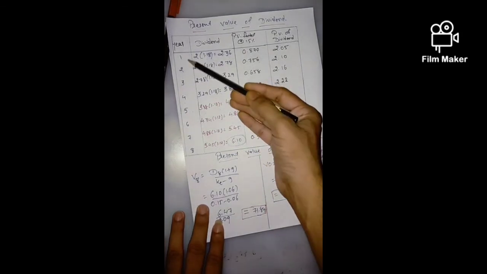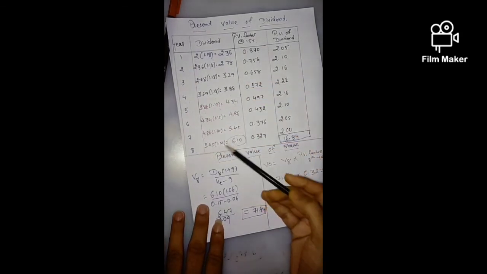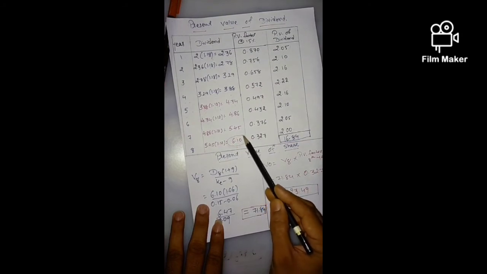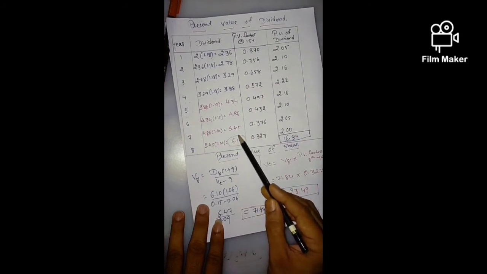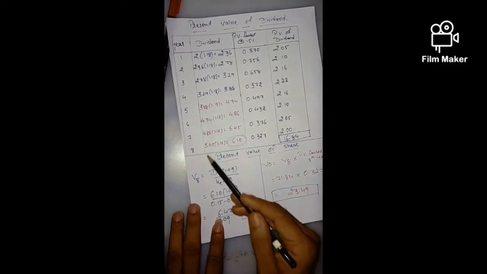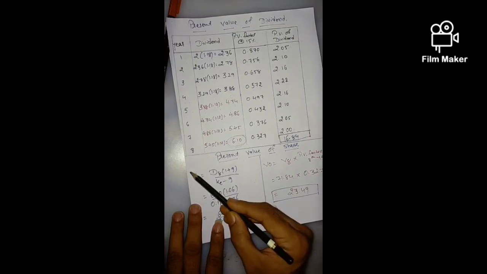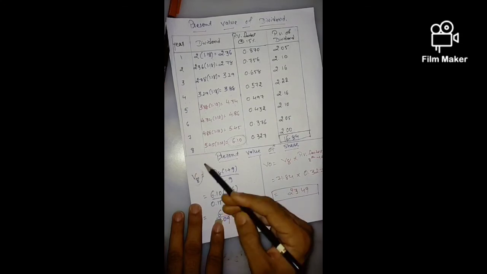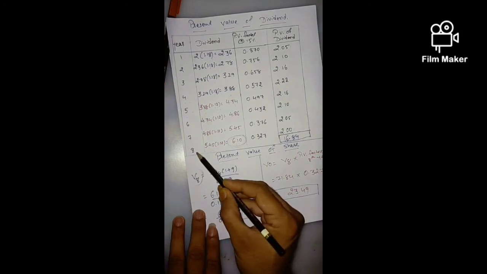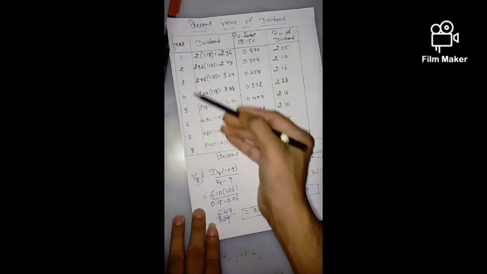So we are almost 8 years away, and we have the last year's dividend, which is the 8th year. That is why we need to make a circle of this. Now as we are 8 years away, we can find out the value of share of the 8th year. We cannot find out the value of share at 0 today, right? Because we are already 8 years away from the present.